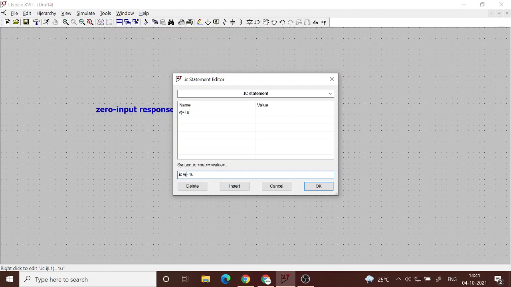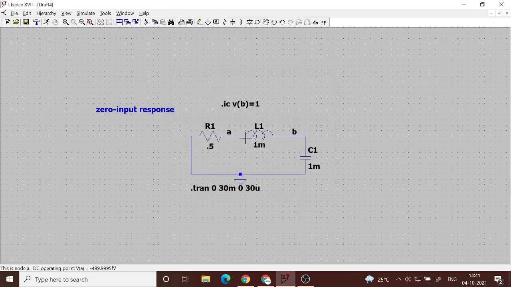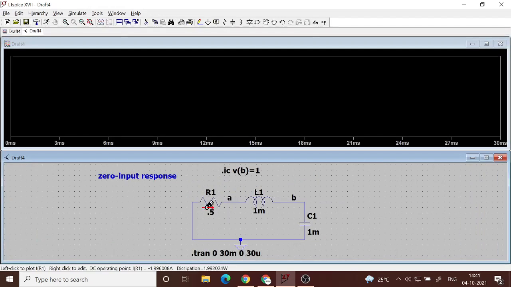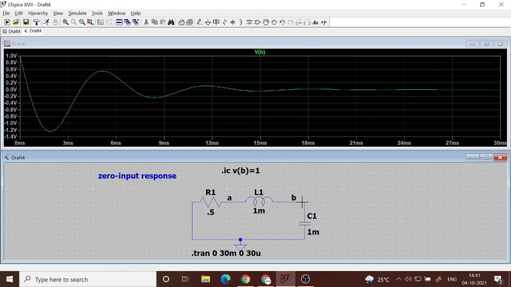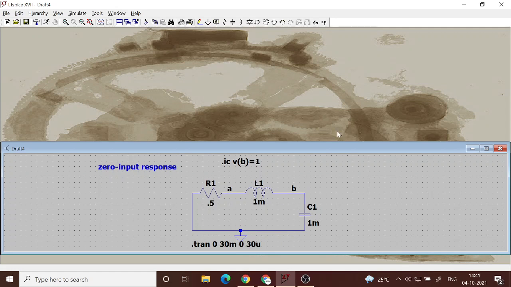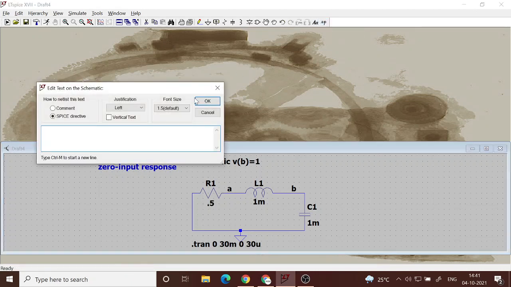Voltage on the capacitor, I give it as 1 volt. Let me just run it and save it, and then I modify it. Yeah, so the 1 volt dies out. This we have seen. Now on top of this, let me also give one more initial condition, that is .IC current.